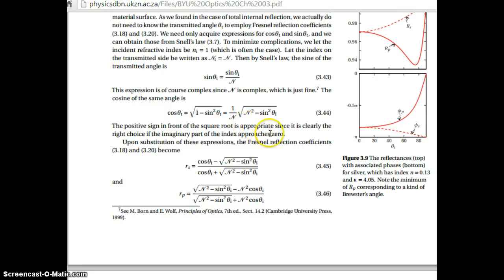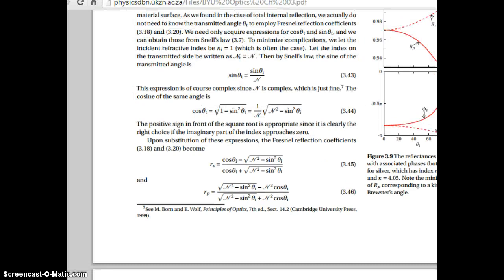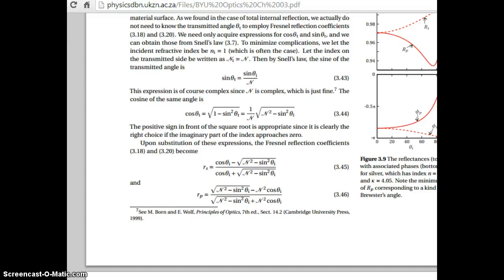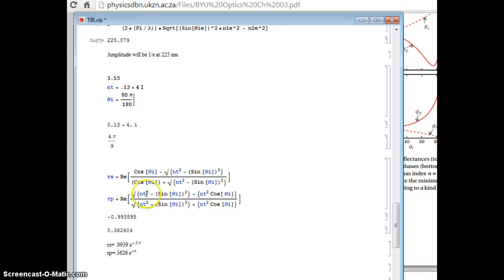Not really, actually, because if we were doing this by pen and paper, it would help since we could assume that the imaginary part, when you factor it out, is about 0, so you can just throw it out. But we have Mathematica, and there still is an imaginary part. So that's why I had to do all the real, because we don't see the imaginary.